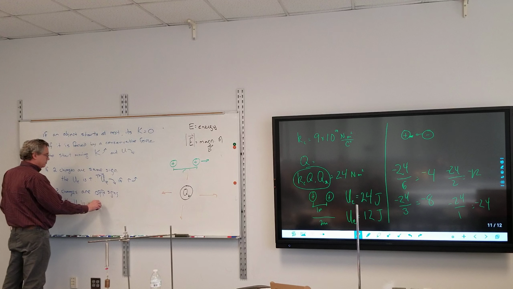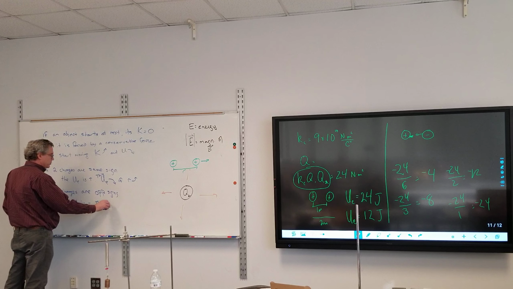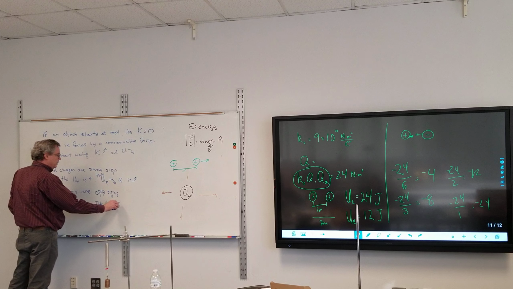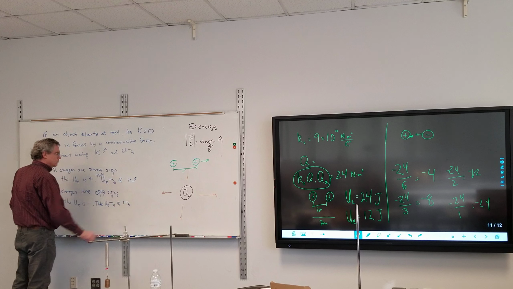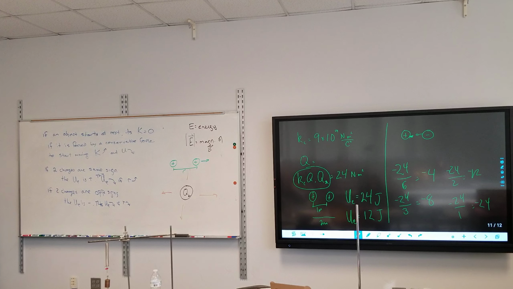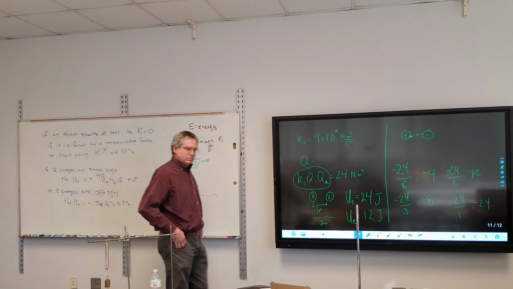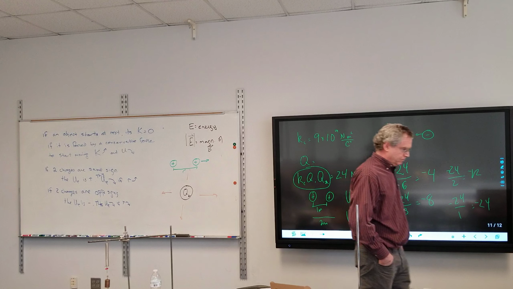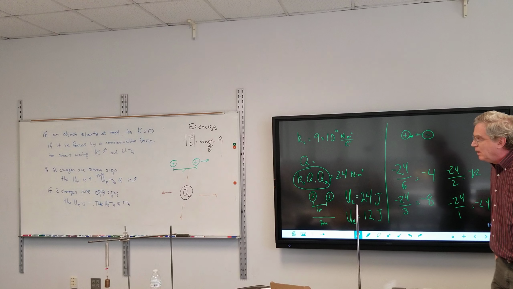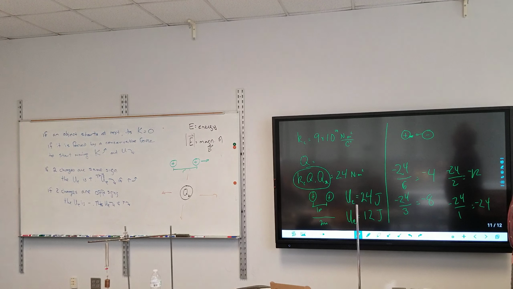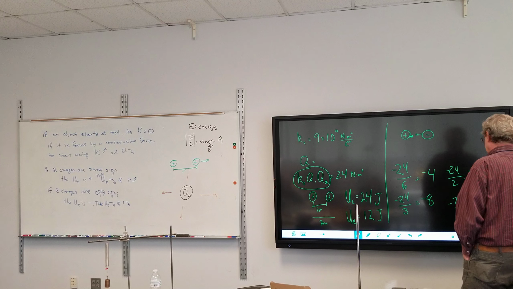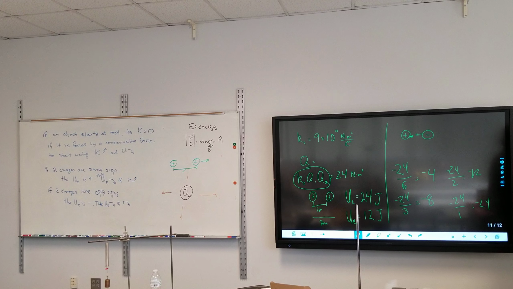This electric potential energy goes down if R goes down. Questions here, or give people a chance to write it, then I'll ask again.